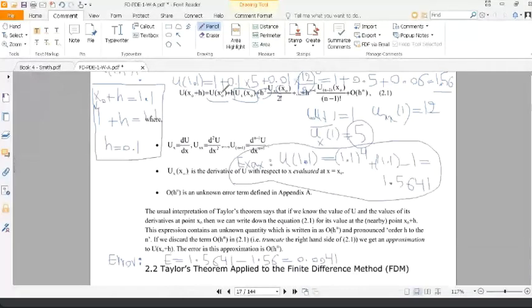Okay, please let me open the whiteboard and write another example for you to solve. Can you see my whiteboard?